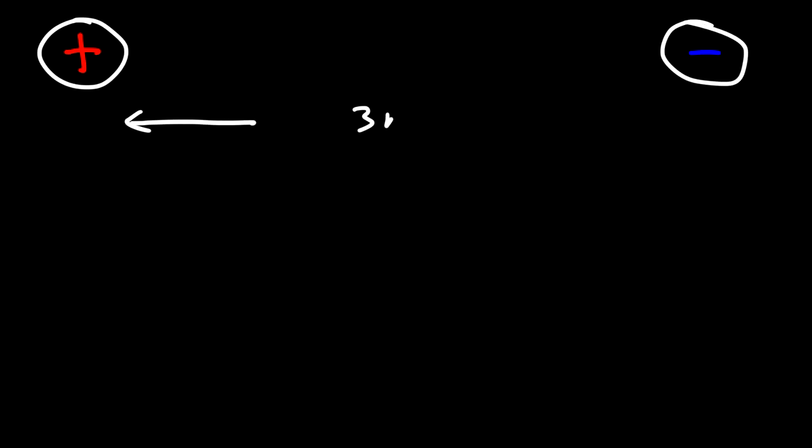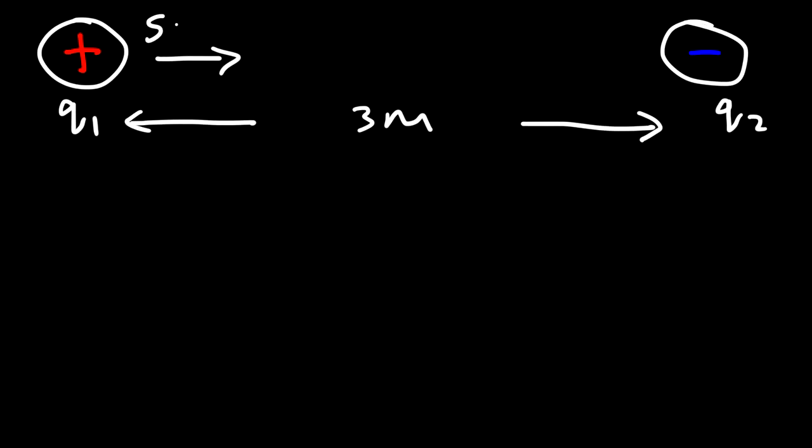Now let's say we have a positive charge and a negative charge separated from each other by a distance of 3 meters. We'll call this Q1 and Q2. Now let's say the force acting on each charge is 500 newtons.